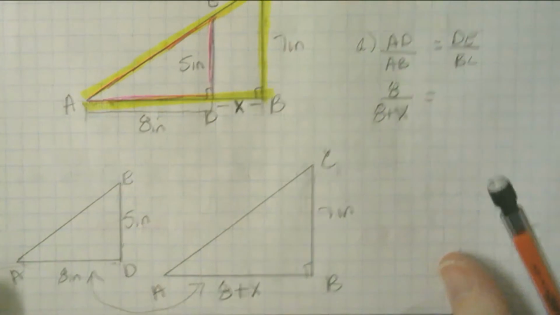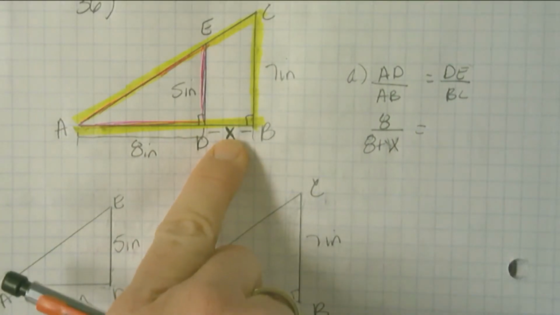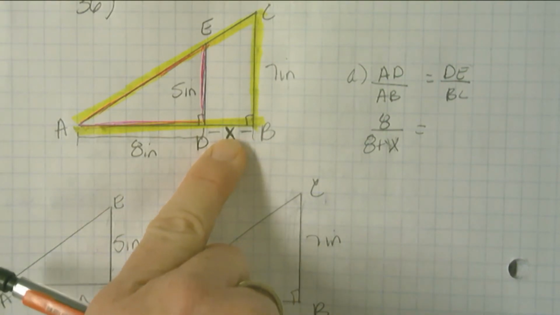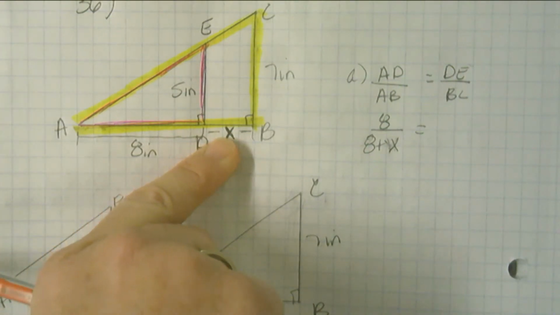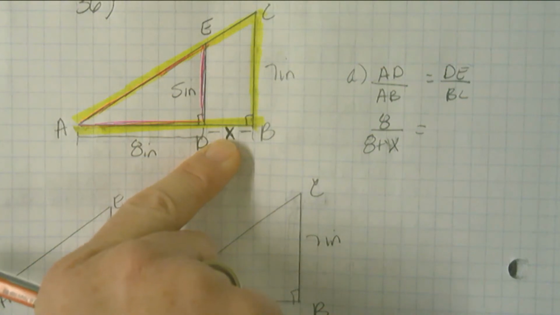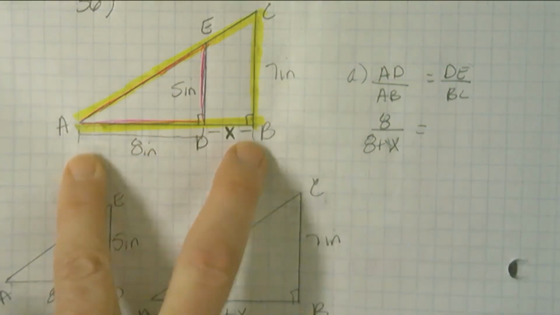Everyone look at the board and understand that. Do you see X is this small part? How many of you guys agree that you see X is this small part? It cannot be used alone as a side because it's not a full side. How many of you guys see that this is not a full side to a triangle? So I cannot use that. I need the entire sides.